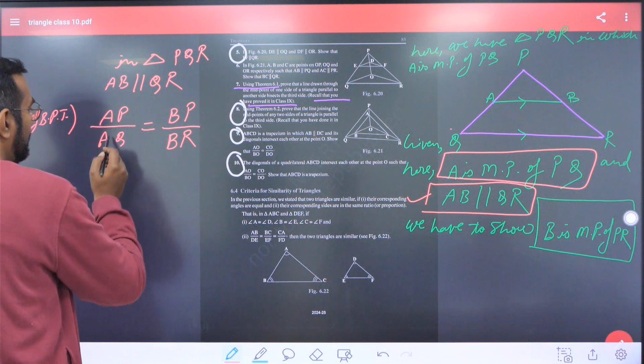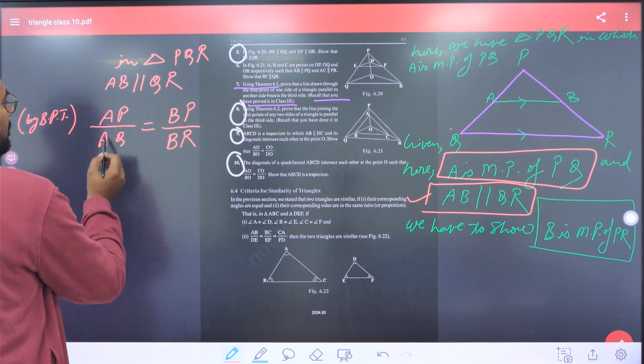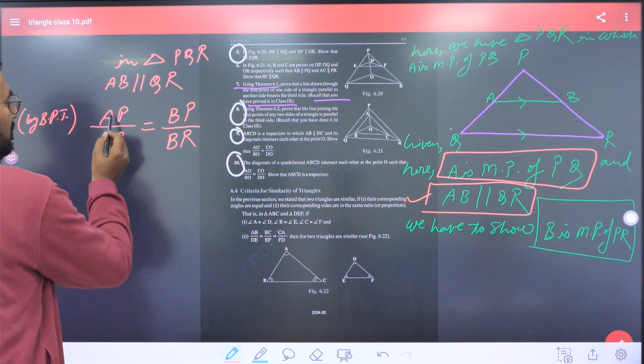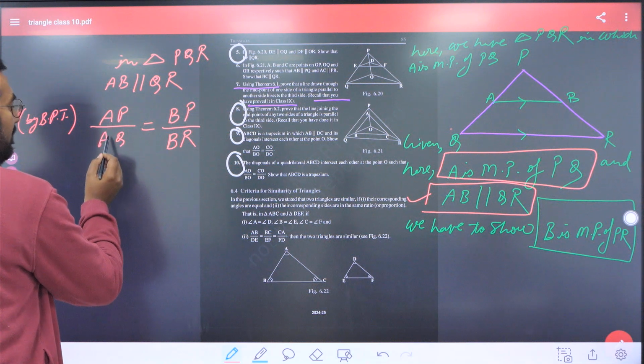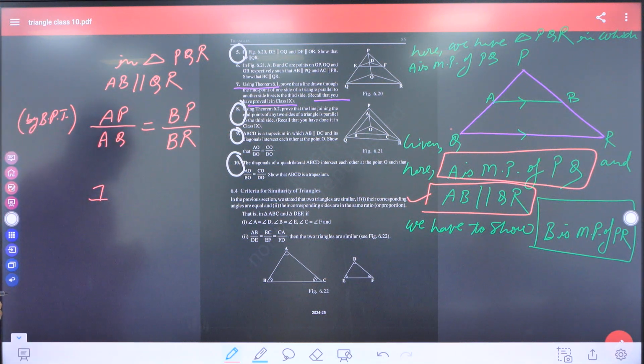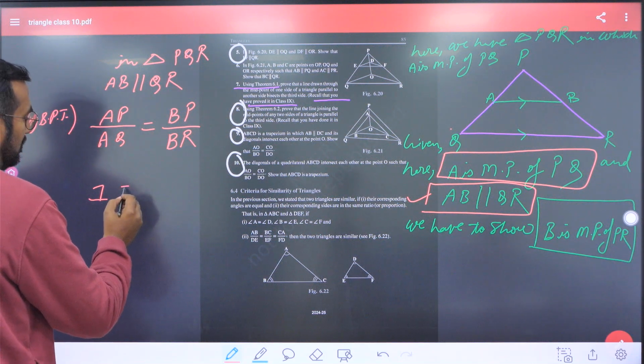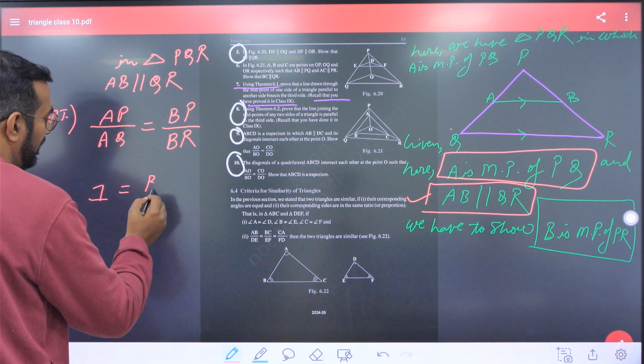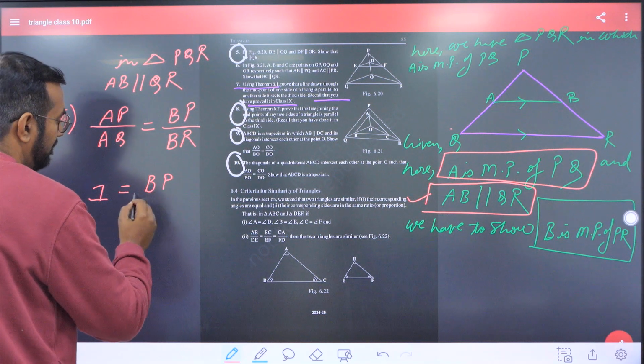If both things are equal, equal divided by equal makes 1. So you can write AP upon AQ is equal to 1, and now write BP upon BR.